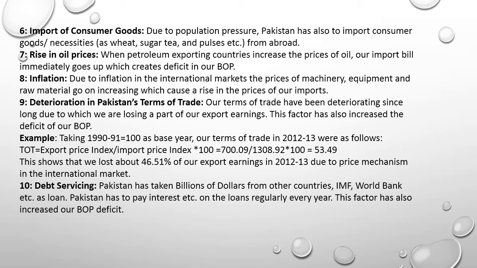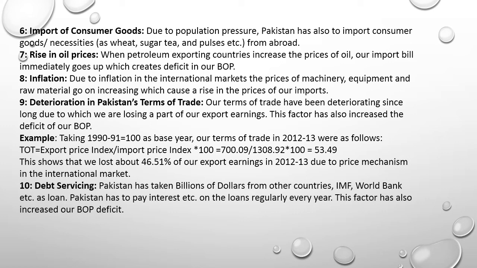In this way, we shall compare the value which we get with the value of the base year. Base year is equal to 100, and for the other year, whatever the value is will be calculated, and we should see whether we have earned more or we have lost something.